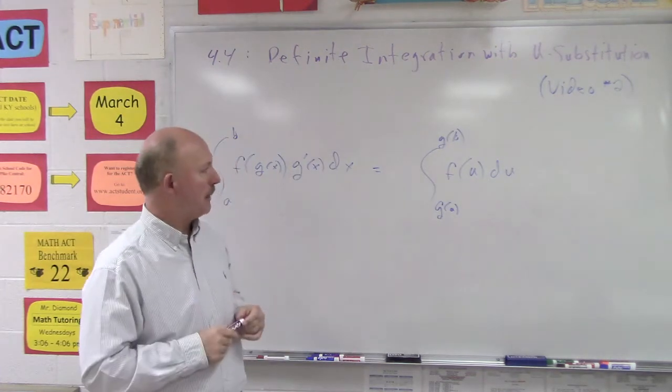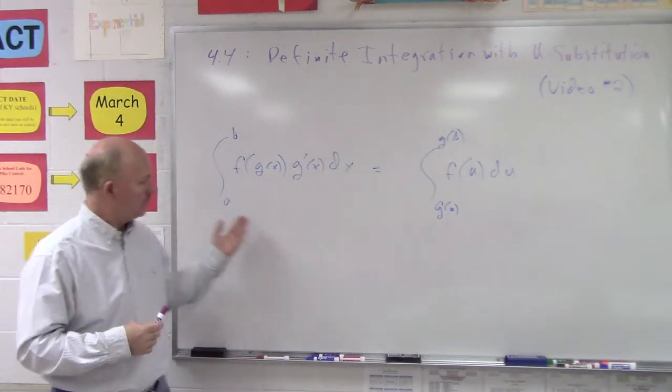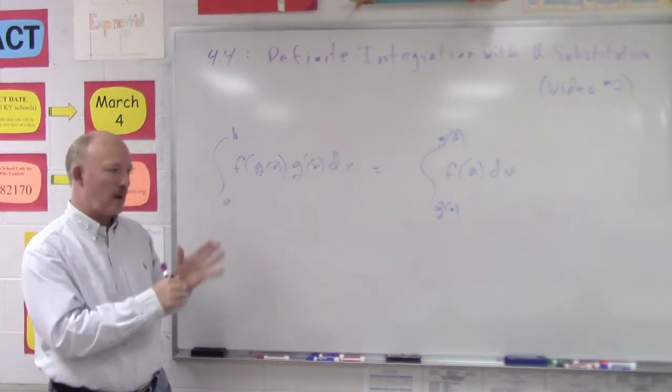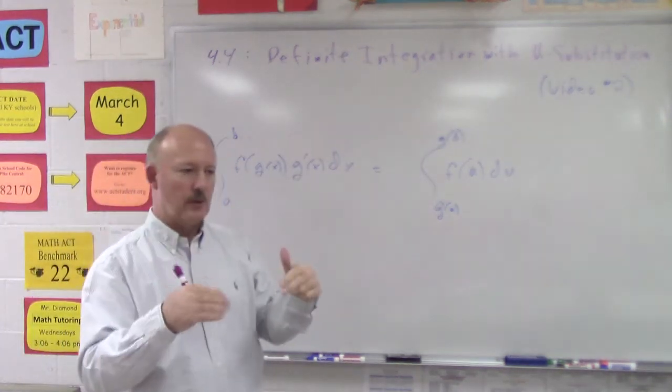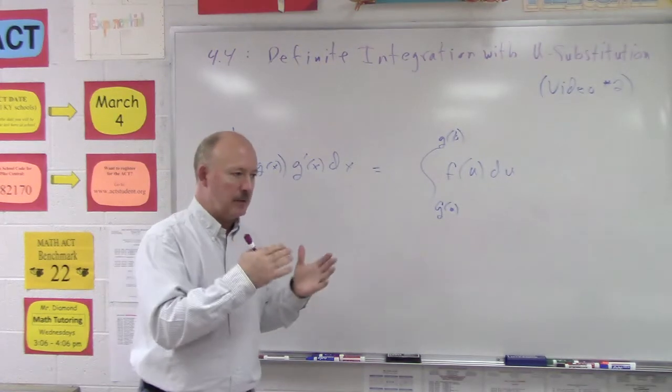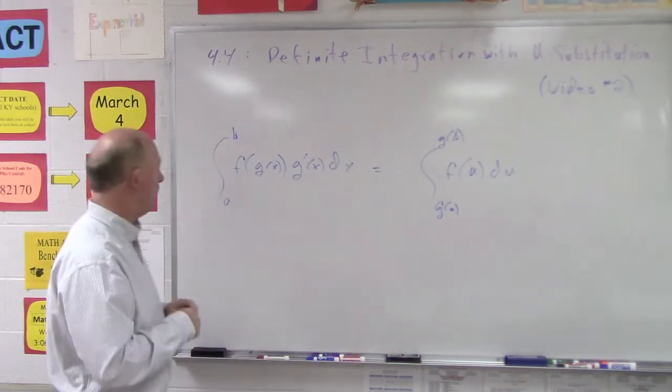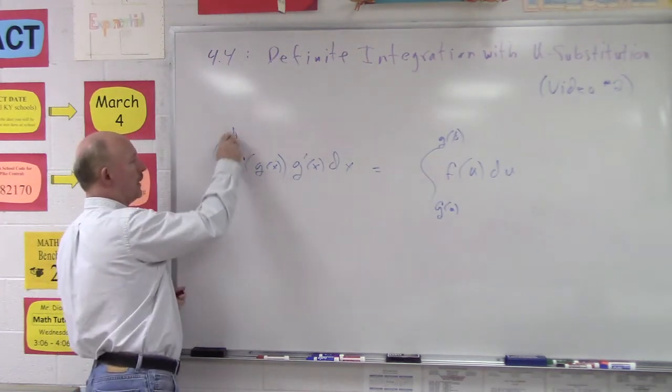Now we just do a few examples, but when you use U-substitution with definite integration, we follow pretty much the same process, but we have to convert our integral from an integral in terms of x to an integral in terms of u. One thing you have to watch out for is your upper and lower bounds.